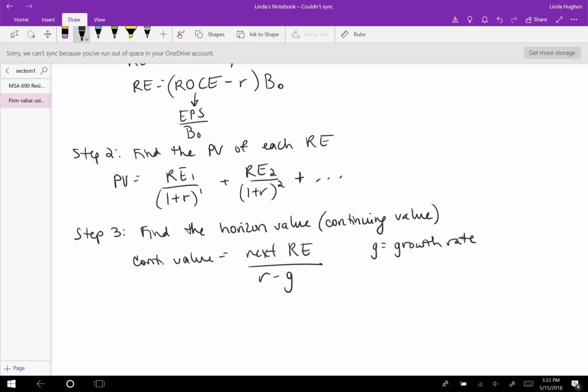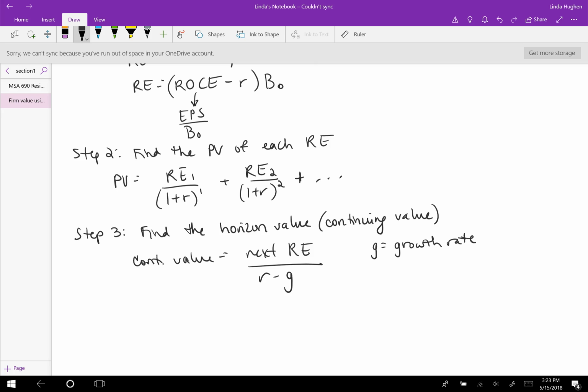So we have what can be considered a perpetuity: constant residual earnings for the remainder of time divided by the discount rate. You should see in example 3 of the in-class assignment that we do have a constant growth rate. So that's step 3, find the horizon value.